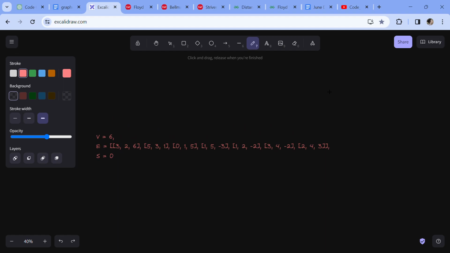In this video I'm going to explain another graph algorithm, the Bellman-Ford algorithm. Bellman-Ford is similar to the Dijkstra algorithm, which also finds the shortest path from the source node to every node of the graph.